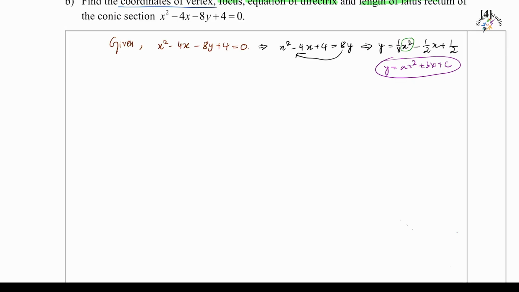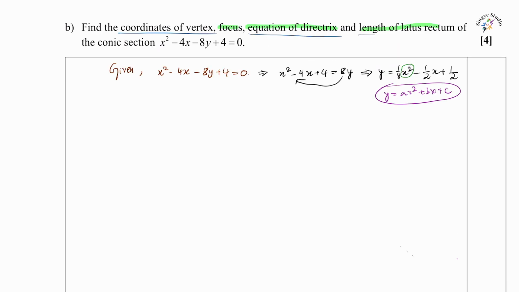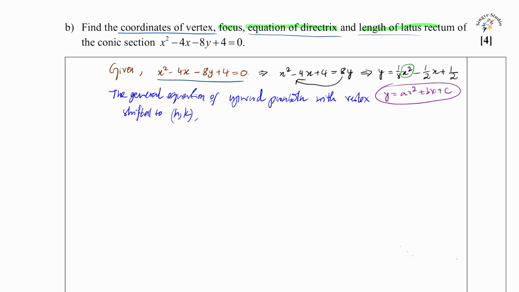Therefore, to find the coordinates of the vertex, equation of the directrix and the length of the latus rectum, we have to change this to some format which we have learned in the conic section. The general equation of an upward parabola, with vertex shifted to coordinates h and k, is written as x minus h the whole squared minus 4a times y minus k equals 0.